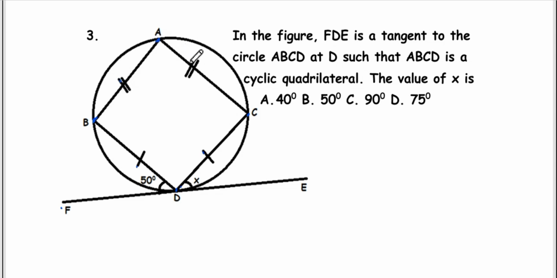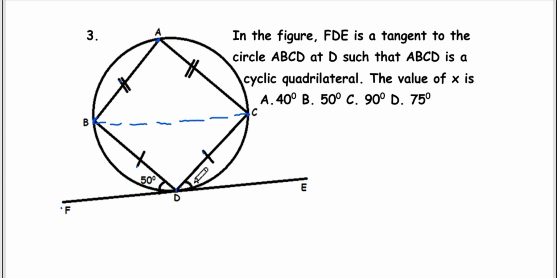These markings here mean there's an isosceles triangle somewhere. So let's form the isosceles triangle. To form it, let's join this line. We join it like that. Now you see we form an isosceles triangle.